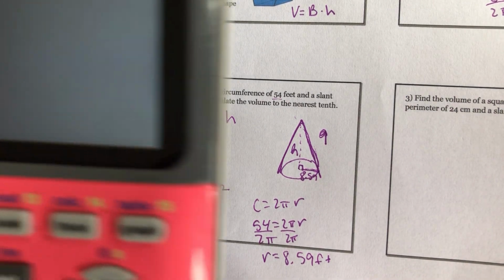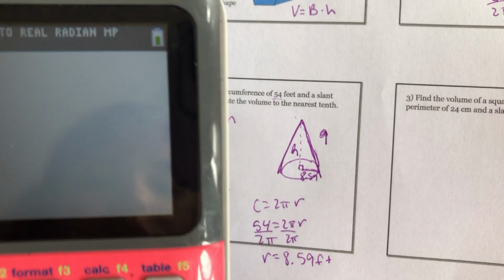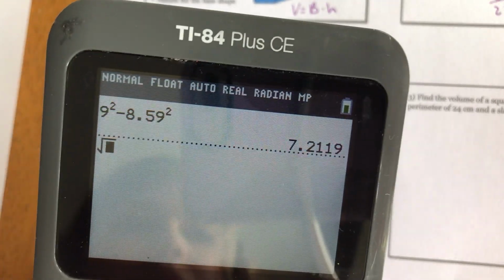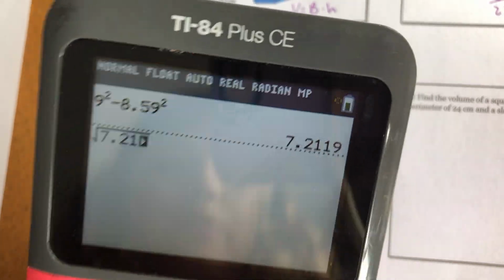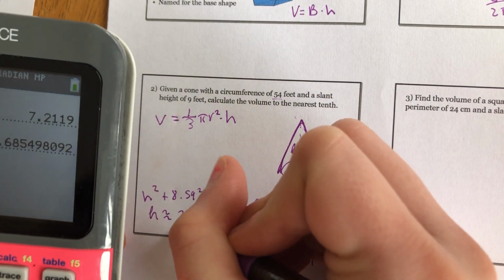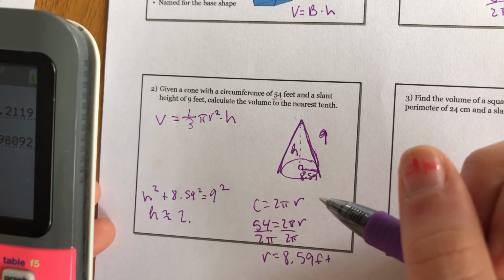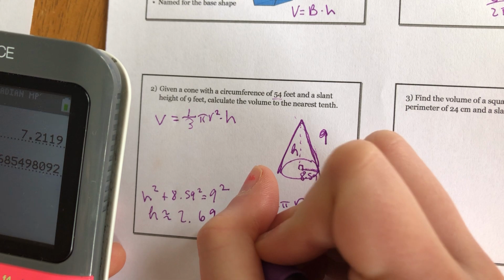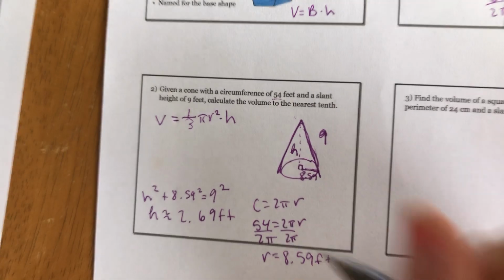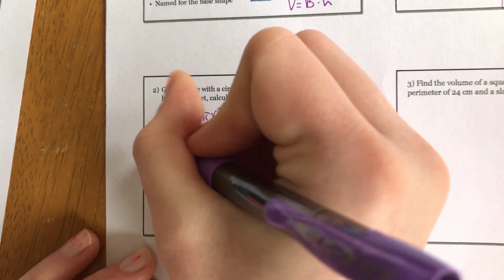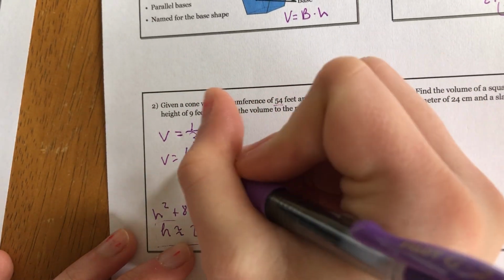We get 9 squared minus 8.59 squared, and we get the square root of 7.2119. The height is approximately 2.69 feet.